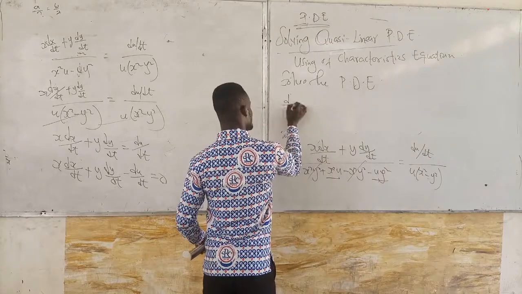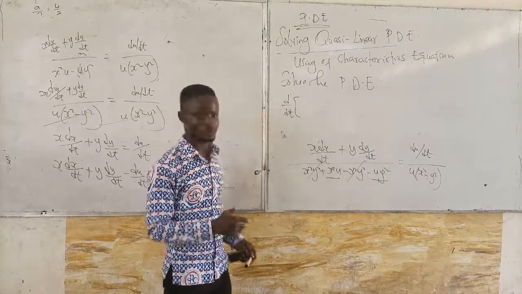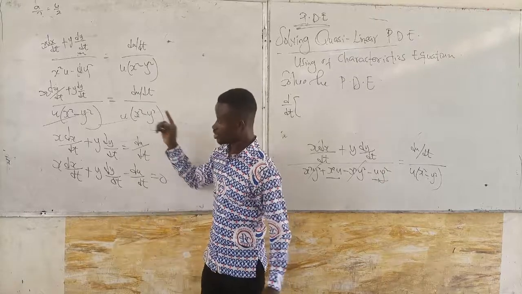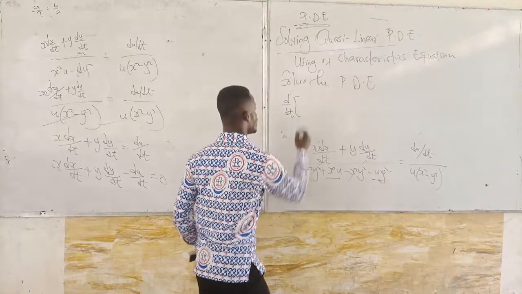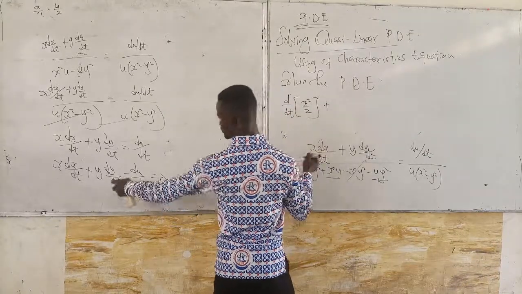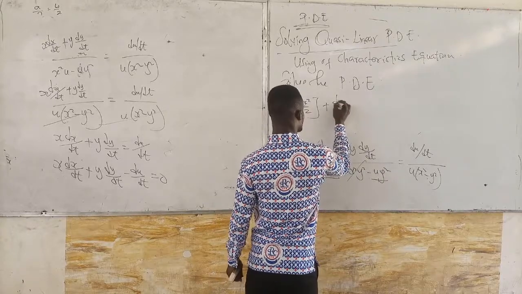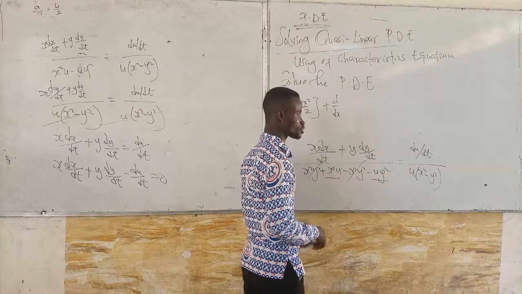So d dt, this is the exact. Don't go and learn it yet. This is the exact way. Integrate x, what will you get? X squared, plus d. Don't forget this. And don't show any integral sign there. If not, the method is wrong.